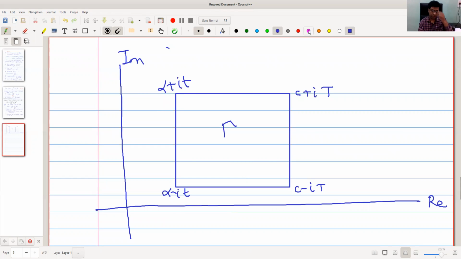This means on the real axis, this point is nothing but alpha, alpha 0 we may say. This point is C. On the imaginary axis, this is, okay, I made a mistake. This should be capital T.